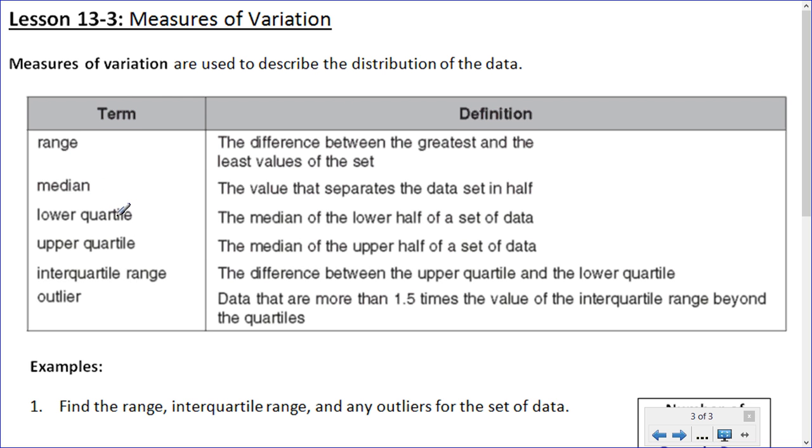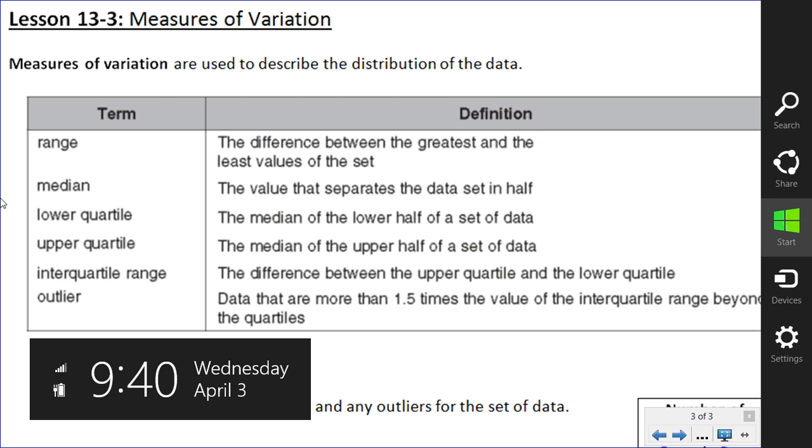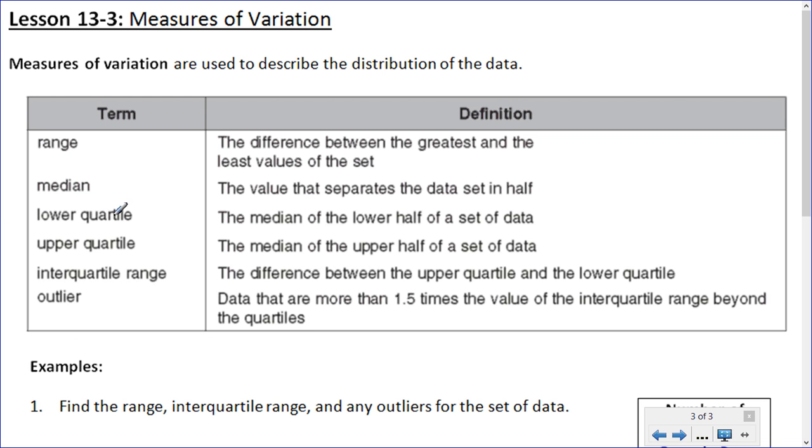When you have the median that splits the data in half, the lower quartile and upper quartile separate each of those halves in half again, and that's why it's a quartile. So think quarter, like fourths. So the lower quartile is the median of the lower half of the set of data. The upper quartile is the median of the upper half of the set of data.